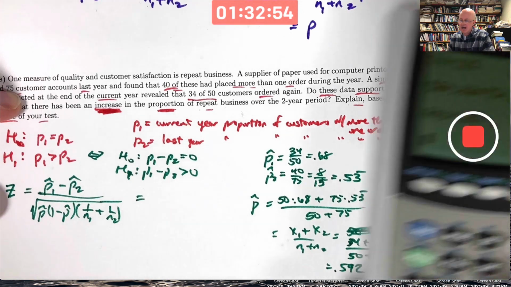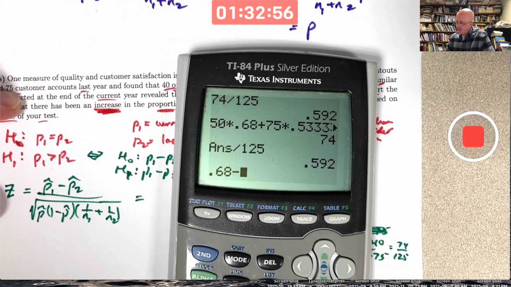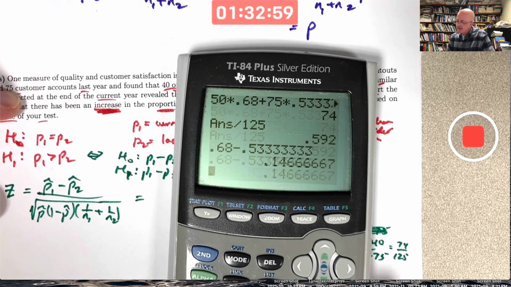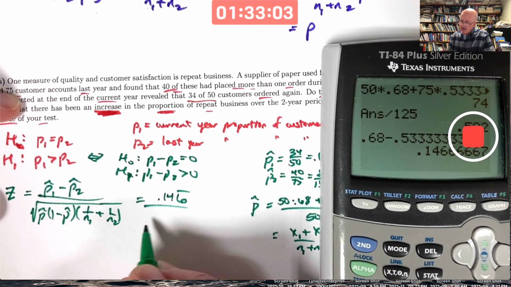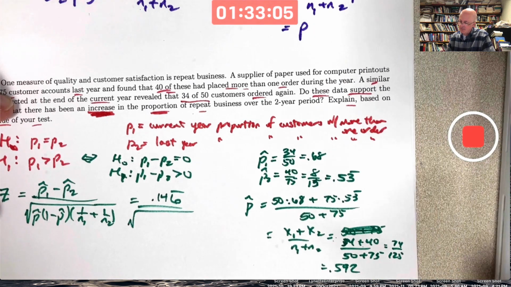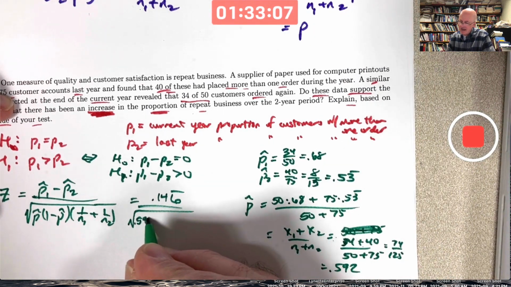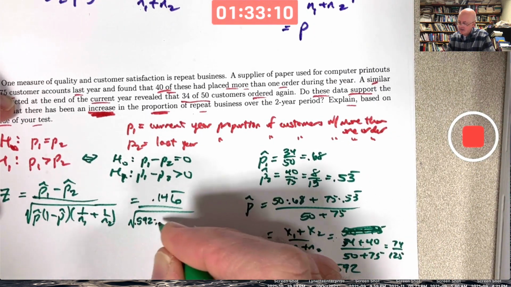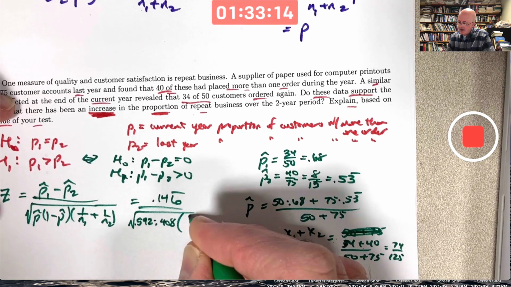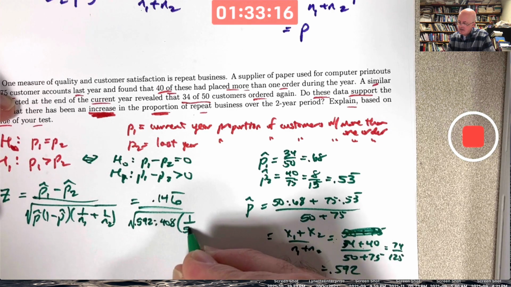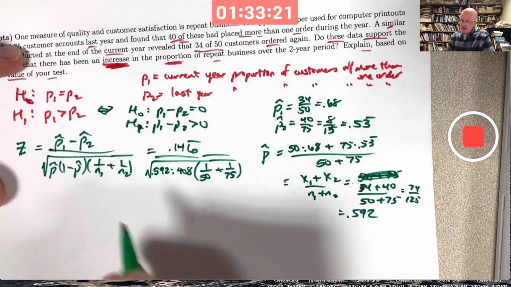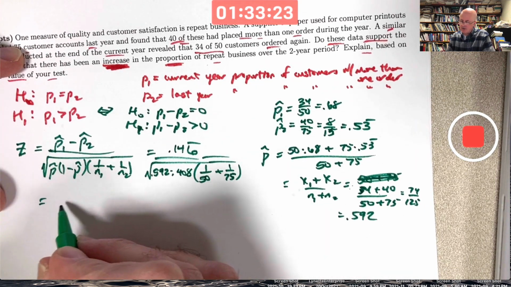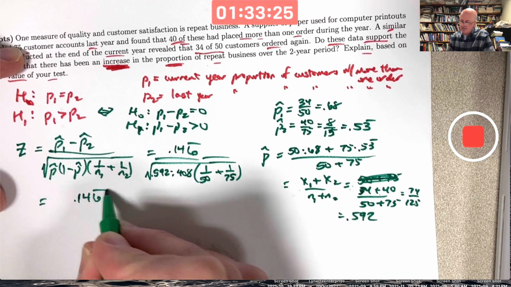Plug everything in. P1 hat minus P2 hat, 0.68 minus 0.5333. It's going to be 0.14 with a 6 repeating, divided by the square root of, 0.592 is p hat, 1 minus p hat is 0.408. And then 1 over n1 is 1 over 50, plus 1 over n2 is 1 over 75. Let's go ahead and figure out that square root first before we divide.